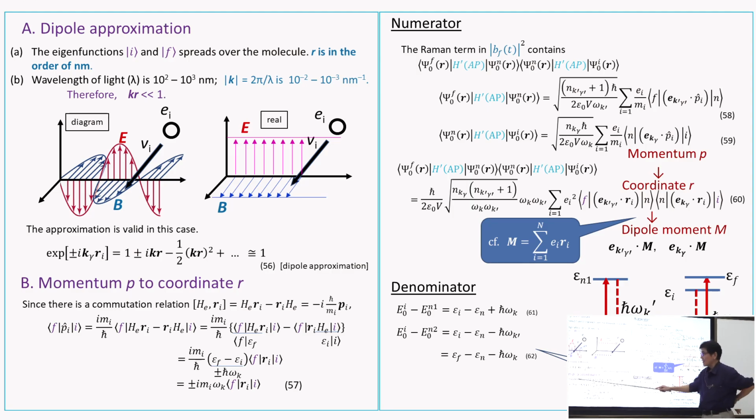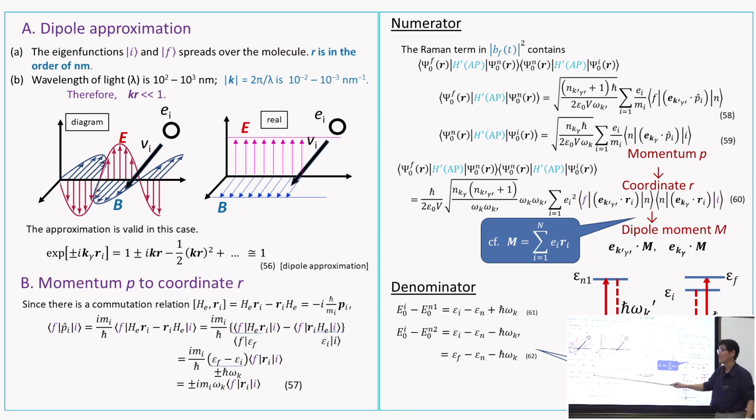Okay, so generally, the textbook of quantum mechanics tells us that there is a commutation relation between the Hamiltonian and the R coordinate R. That is minus i h bar over m, p i.